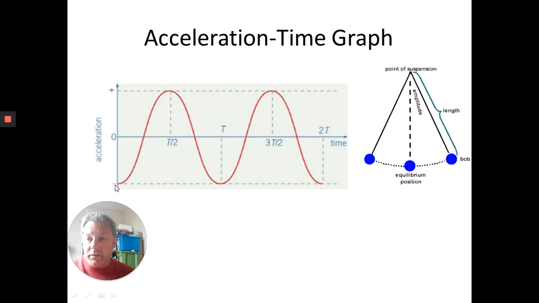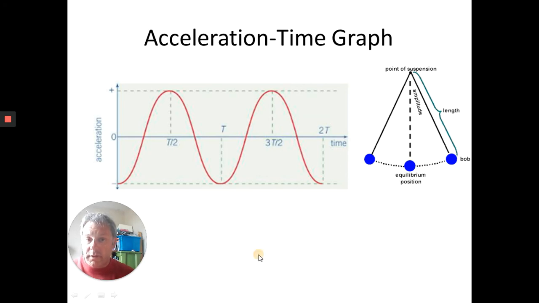And what that tells you is at the ends where your pendulum changes direction is where you get maximum acceleration. Its acceleration reduces as it tends towards the equilibrium position, and then it increases again as it gets towards the far end. And again, it follows that cycle. It is exactly the opposite of the cos graph.